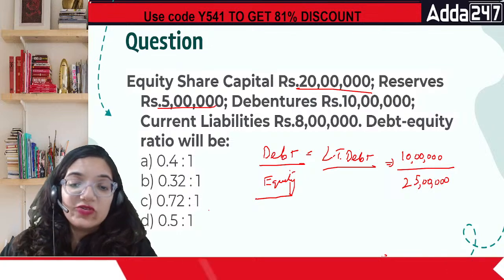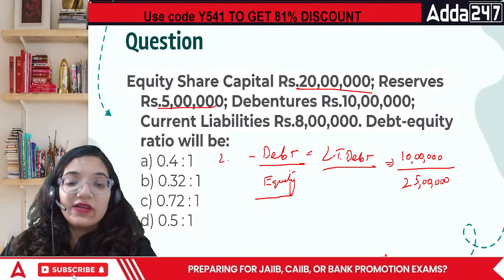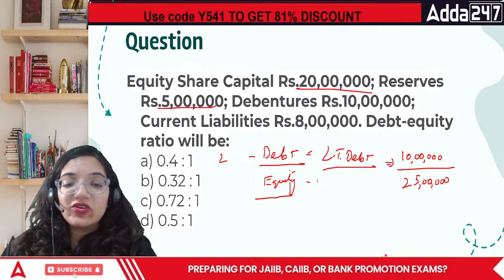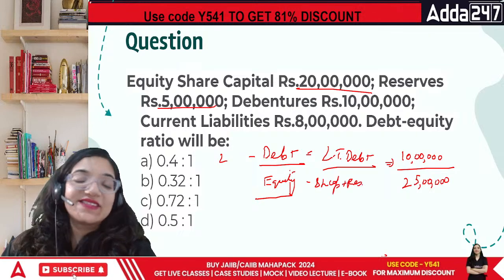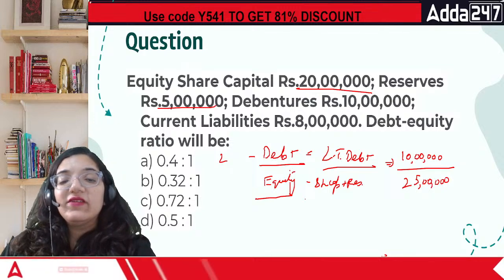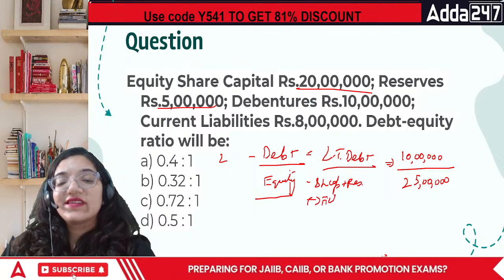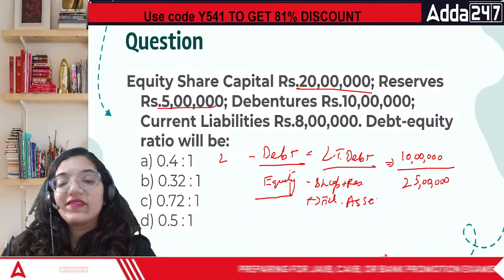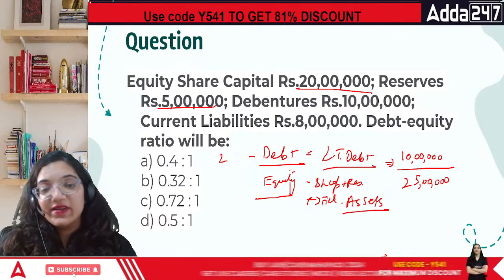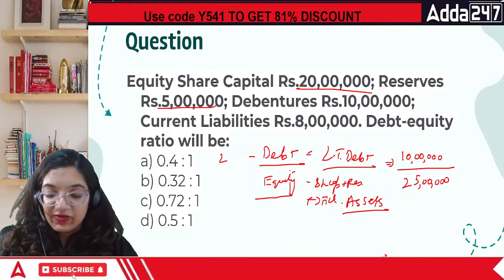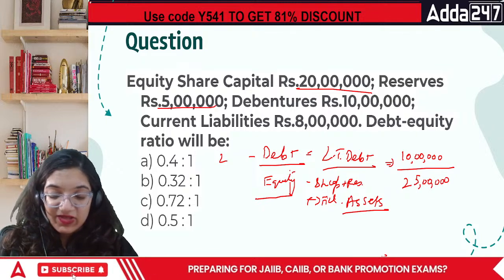Why is it so? Debt means only the long-term debt and equity means your share capital plus your reserves and surplus minus any fictitious assets. This is how we define the term equity, everyone. So in this case, it's 10 divided by 25. What's going to be the answer, everyone?